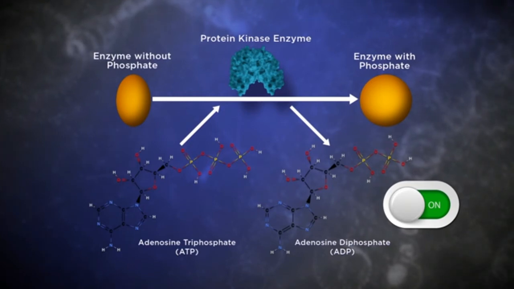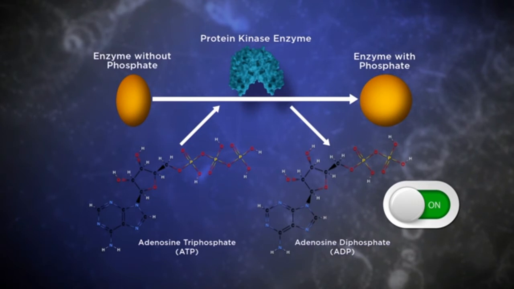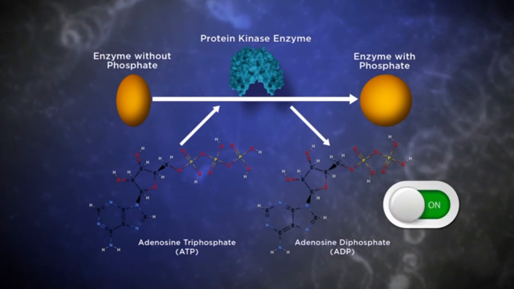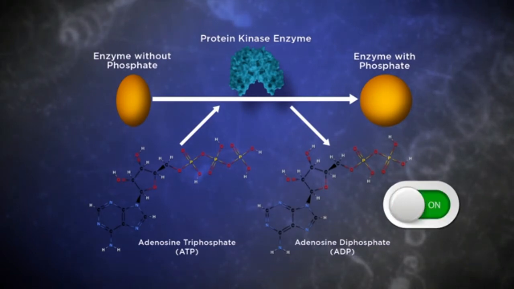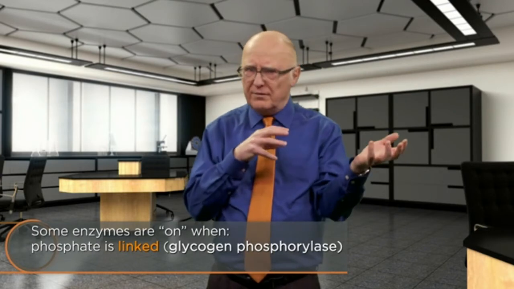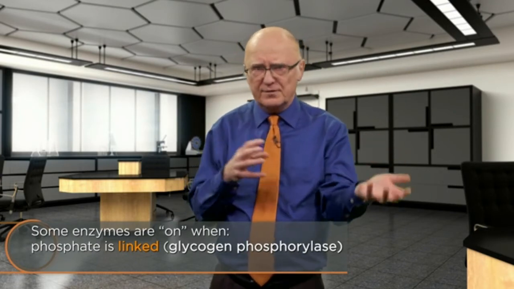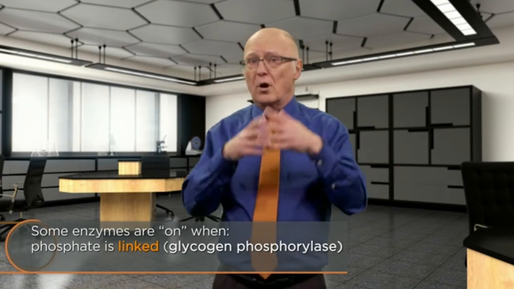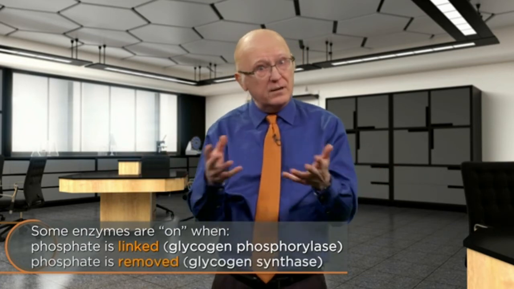These enzymes exist in two states, without a phosphate or with a phosphate. Switching between the two states determines whether it is active or inactive, though which is which depends on the specific enzyme. That is, some enzymes are on when the phosphate is linked to them, like glycogen phosphorylase. Other enzymes are on when the phosphate is removed, like glycogen synthase.